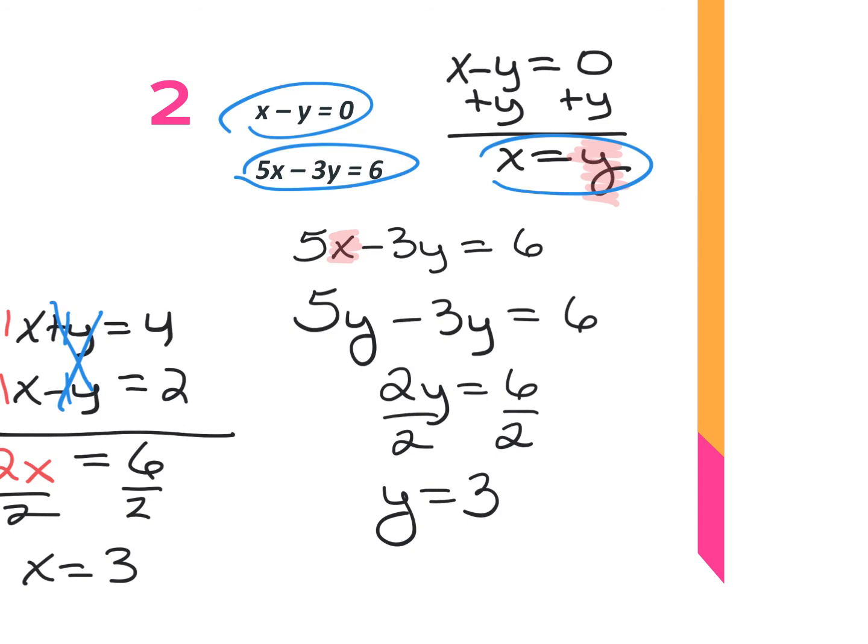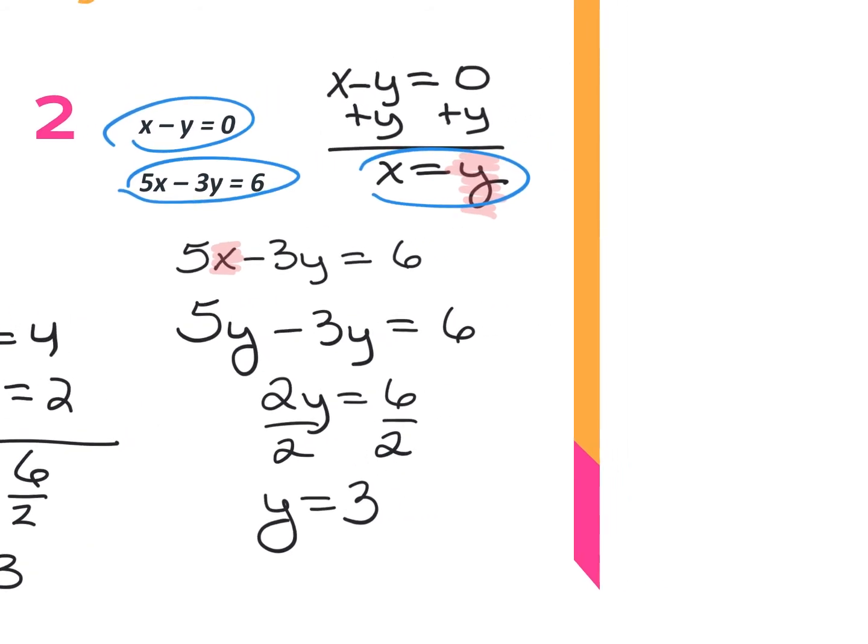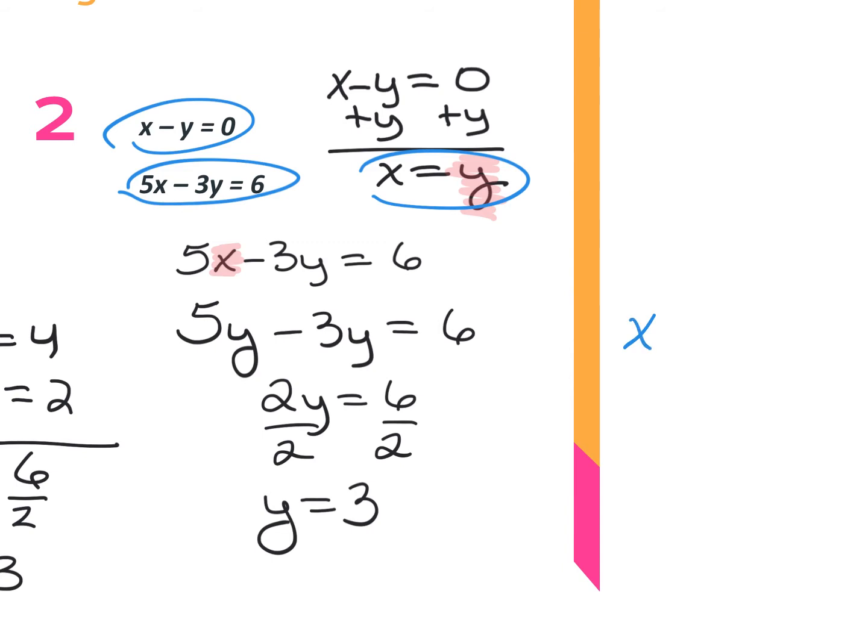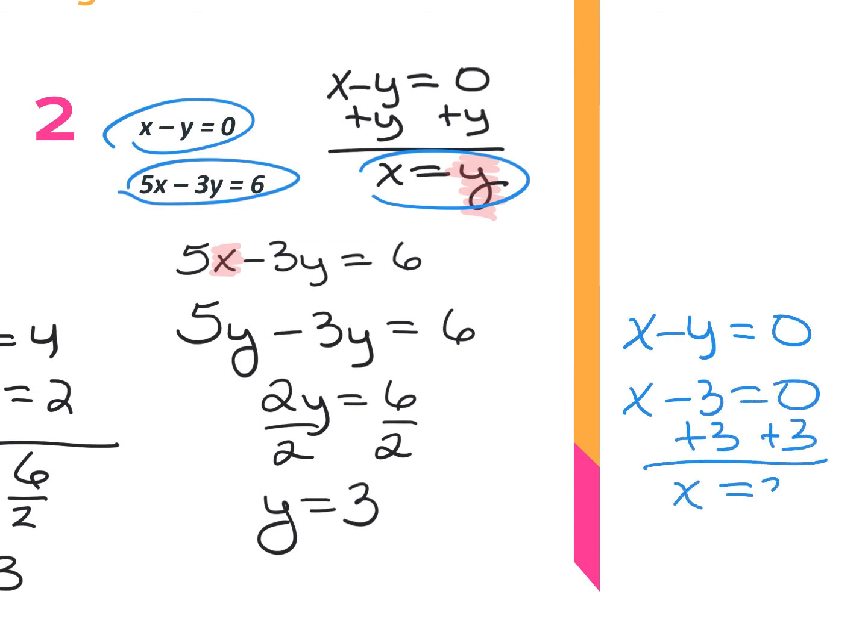So obviously x is going to be 3, but just to show you, let's say I plugged it into the first one. If I plug in y equals 3, solve for x by adding 3, x equals 3. So 3 comma 3 is my answer. And I already knew they were going to be the same number because of how I rearranged that one.